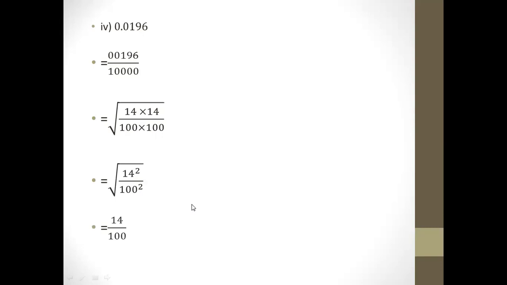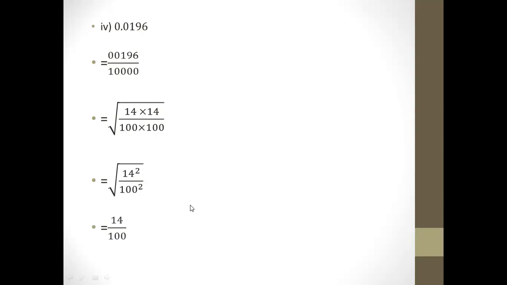In the same way, you have to solve the second part and third part. In second part, first you remove the decimal, and then after that you find the square root of the numerator and the denominator, just like question number 1. And in third part, you have been given 144 over 196.